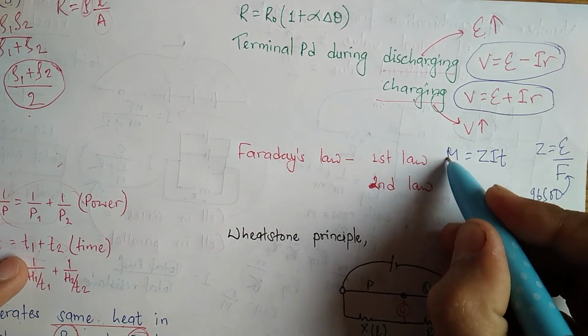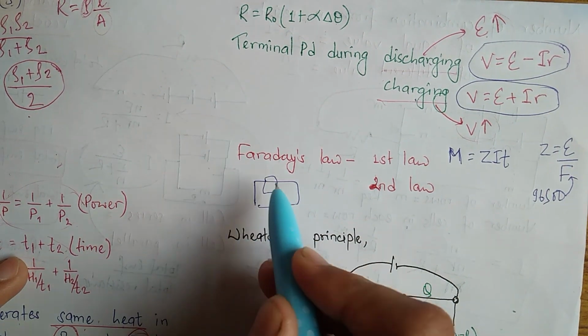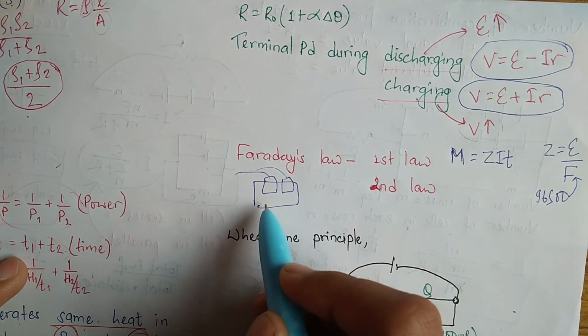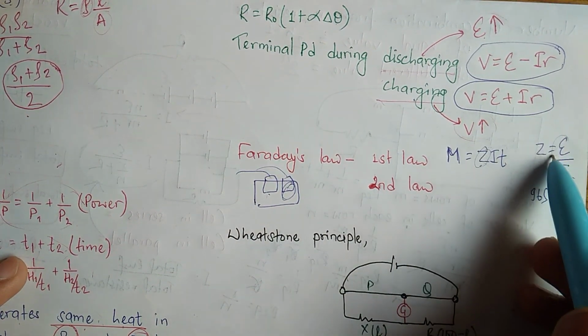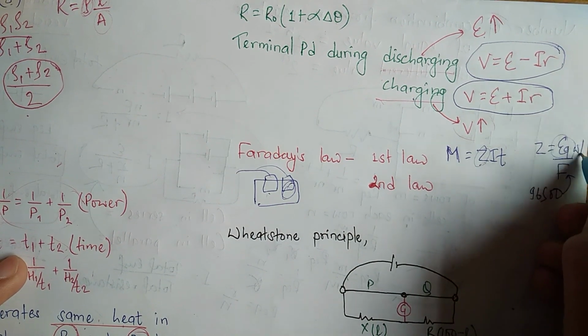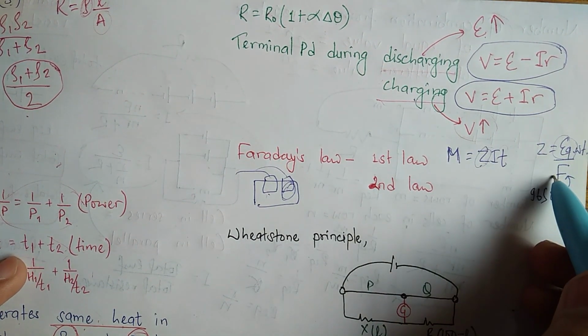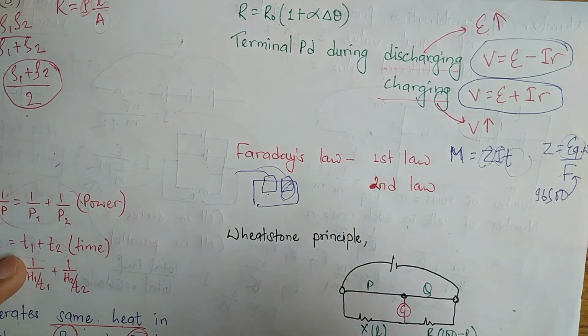M is mass deposited. Z means E, equivalent weight by Faraday constant, I current, T time.